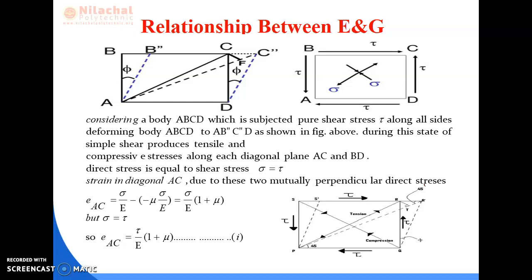As the length of diagonal AC is increasing, it is considered that a diagonal tensile stress is acting upon it.